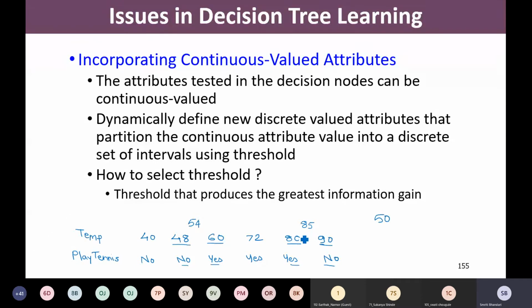So in this case, whichever of 54 or 85 is giving me the highest information gain, I would pick that threshold, so that I can categorize these continuous temperature values. So this is a common procedure used in decision trees. If the attribute has continuous values, that attribute is discretized first and then used for building the decision tree.